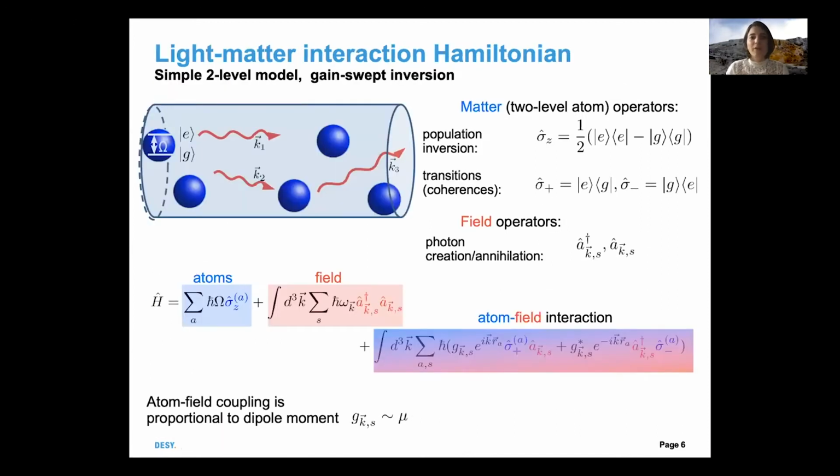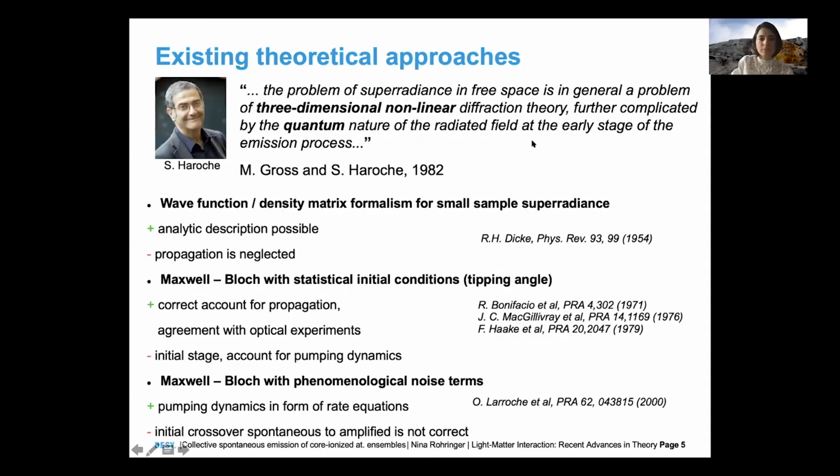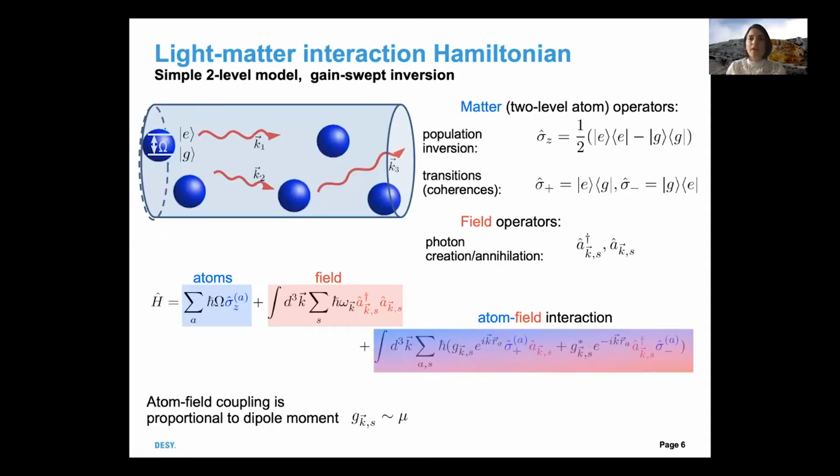So the first method we developed is for a two-level atom, and we start out in the usual way. We treat this two-level atom by matrices that correspond to the population inversion in the system and the coherence of the density matrix, or the transition operators.